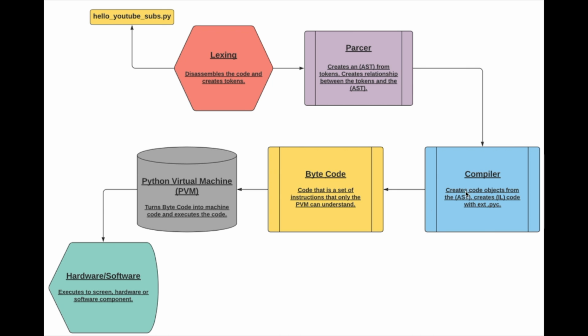So at this point in the process, where it's now bytecode, the .pyc file is directly related to the Python virtual machine so that it can take it, read that file, and understand what its next steps are supposed to be. The Python virtual machine is written in C, which is why it can be compiled into machine language and executed by the processor. No one else can read or decipher and use that .pyc file other than the Python virtual machine.